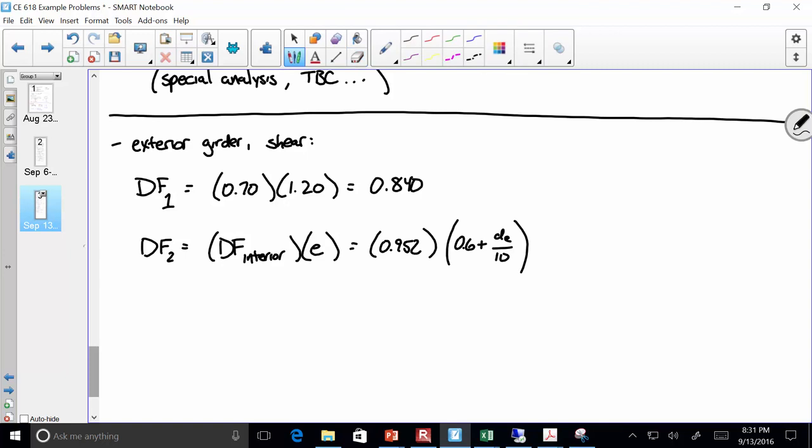Sound good? So that is 0.952 times 0.6 plus 2 over 10. That comes out to be, what is that? 1.04? Really?